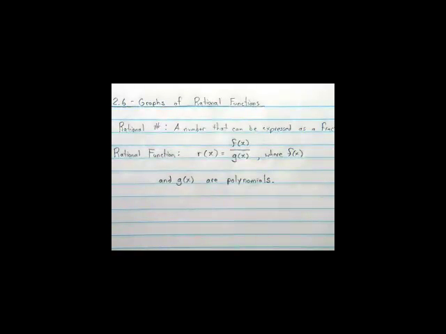That's why this section is included in Chapter 2, because Chapter 2 is everything polynomial. That's what we've been studying so far. A rational function is one that's defined as a polynomial divided by a polynomial.